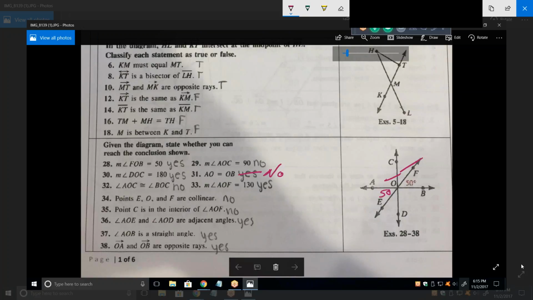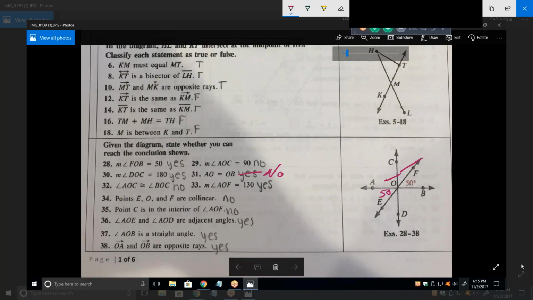Okay, so AOC is congruent to BOC. AOC and BOC. Yes, they are congruent. Oh, excuse me. No, they're not. I apologize. I was thinking they add to 180.